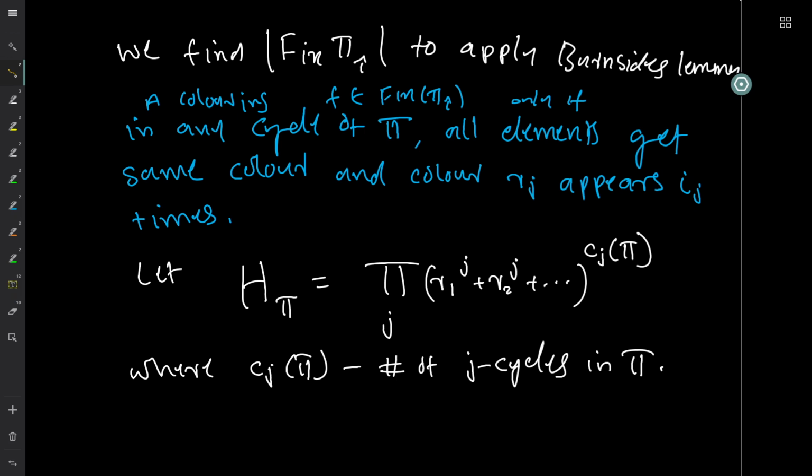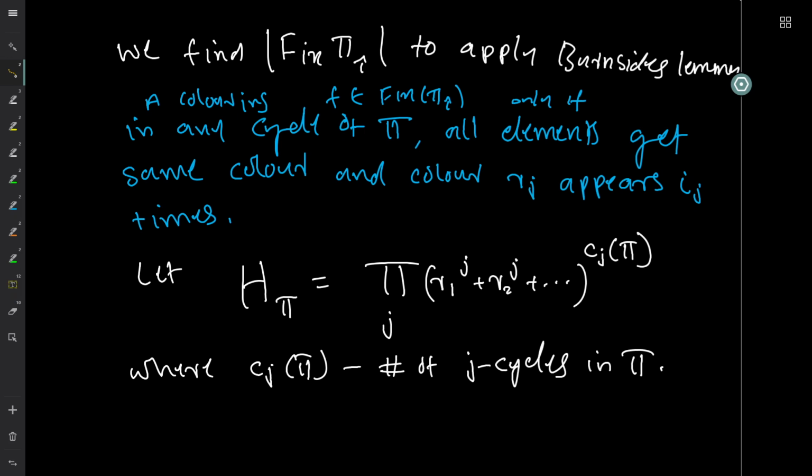So choosing a term of the type rk raised to j from every factor says that we are going to color the set X that we are coloring such that every cycle is monochromatic. That is what it comes to. So all elements of the cycle get the same color, that every cycle is monochromatic.